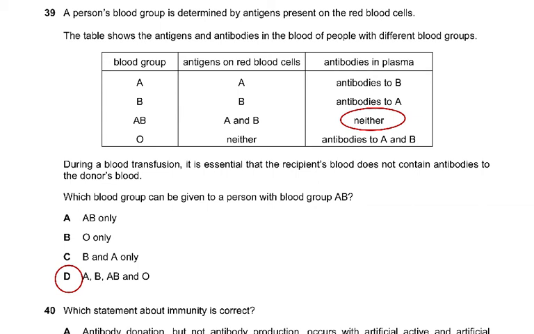So AB and O. But then they told you in the question, a person's blood group is determined by antigens present on the red blood cells. And if a blood transfusion is to be given, the recipient's blood, so if you are the recipient who's getting the blood, you should not contain antibodies to the donor's blood.